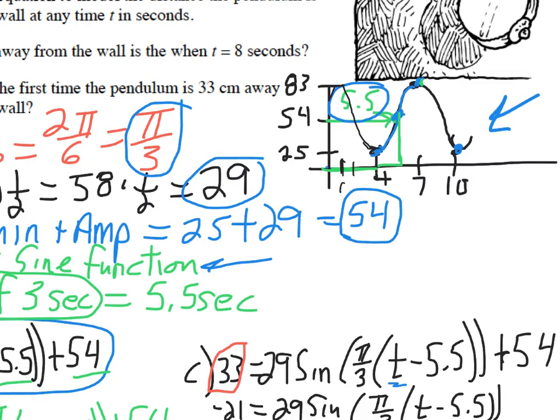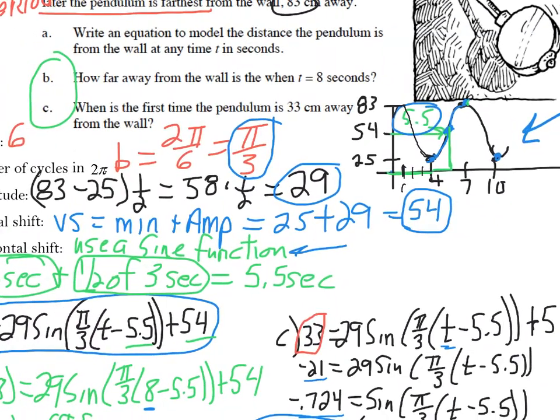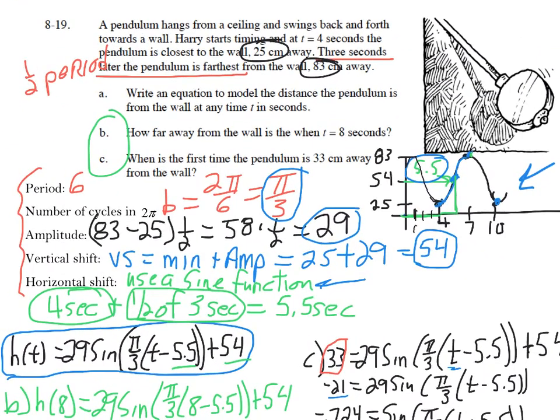That max is going to be at 1 second, 2, 3, because it takes 3 seconds to go from the lowest point to the highest point. So if it takes 3 seconds to go from the lowest point to the highest point, then if my lowest point's at 4, I'm going to have another max at 5 or at 1 second right there.